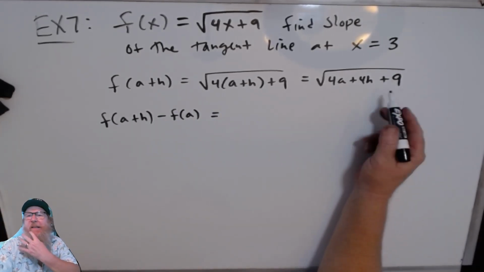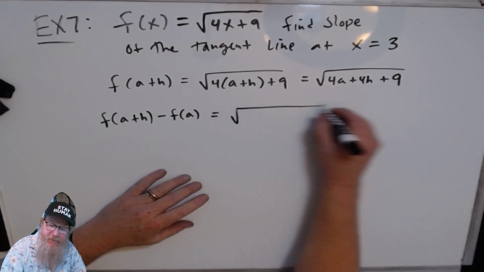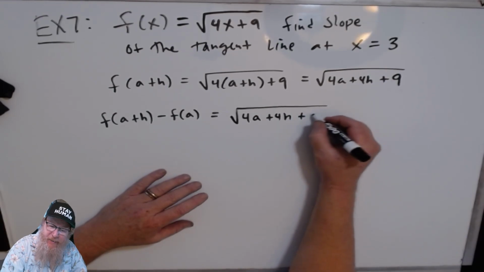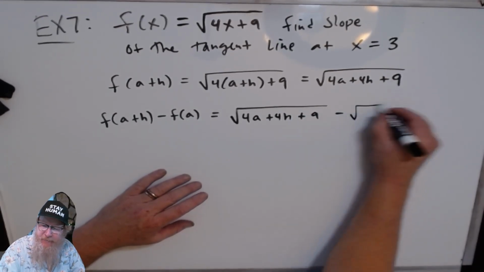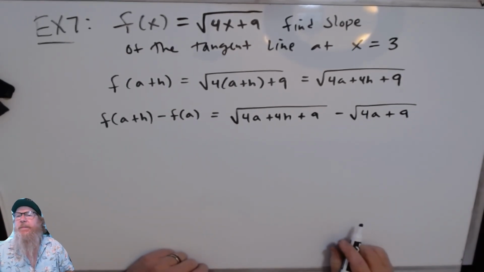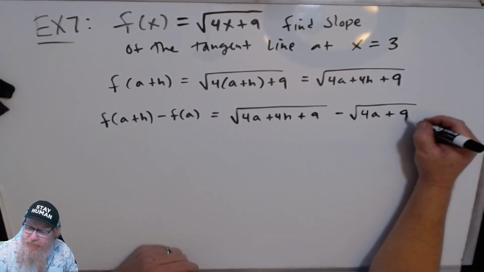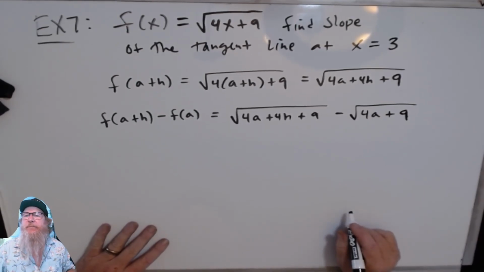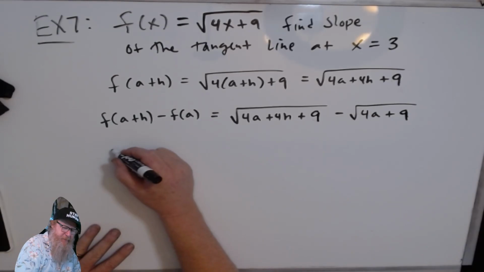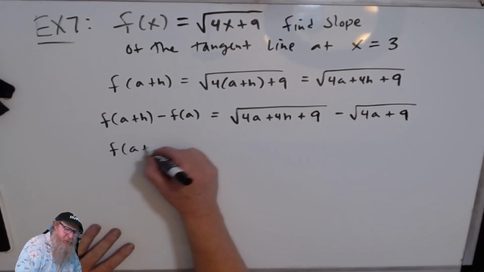Now, unfortunately, this is not a quadratic. This is a square root function, so we're not going to get a lot of canceling. And I'm regretting my choice of numbers, but that's okay. I could just be careful with the 9s. And then step 3, divide by h.